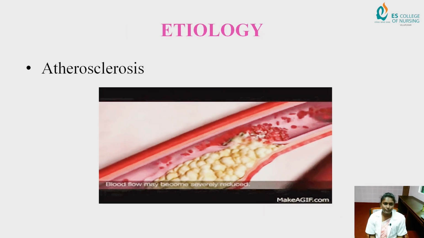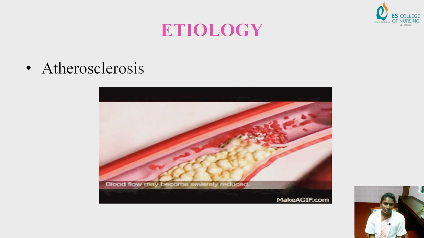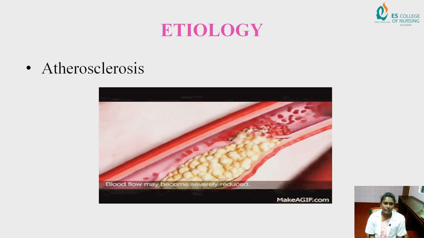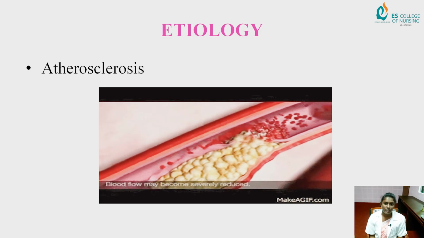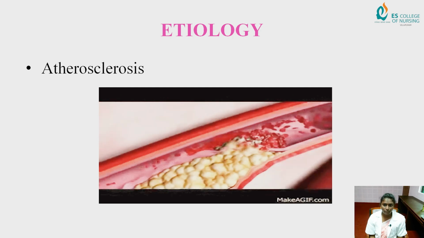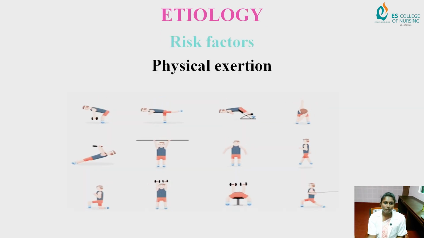So the etiological factor to develop angina pectoris is atherosclerosis. Atherosclerosis is hardening and thickening of the arteries, which restricts the oxygen supply to the myocardial muscles. The second risk factor is physical exertion.